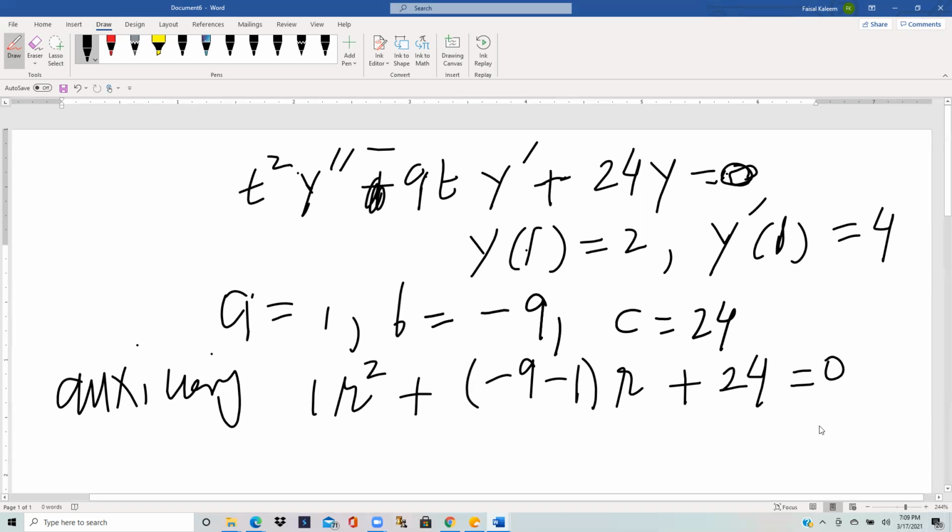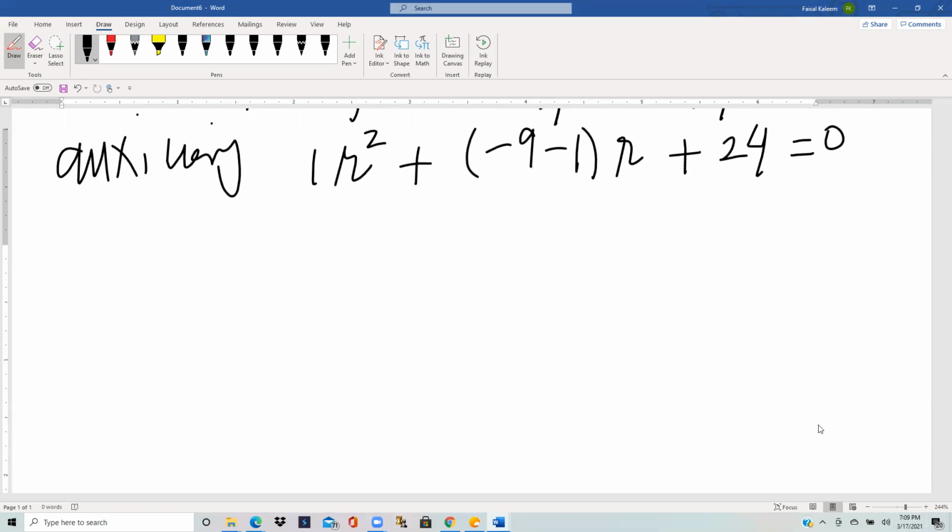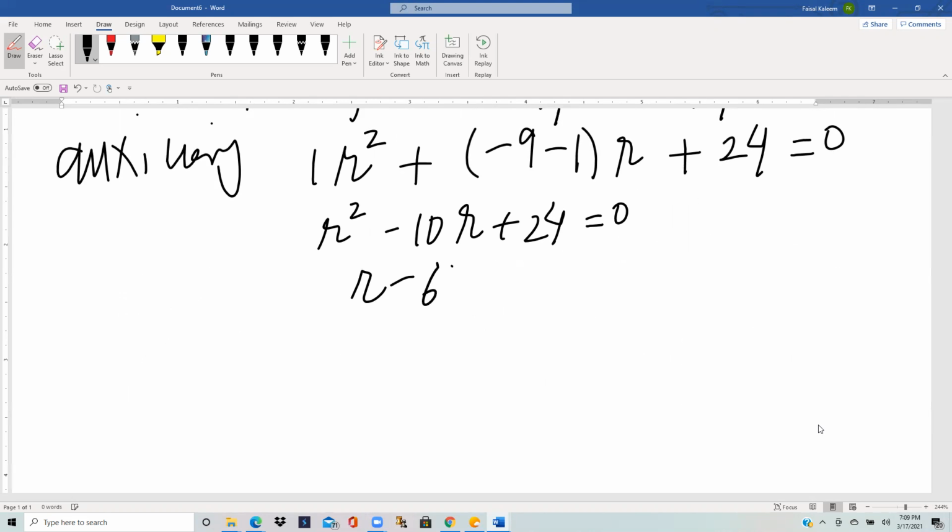So that is R² − 10R + 24, which factors as (R − 6)(R − 4). So R is 6 and 4.